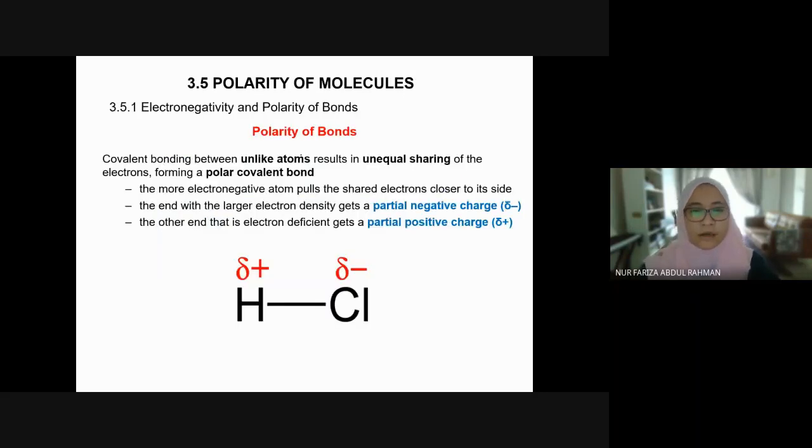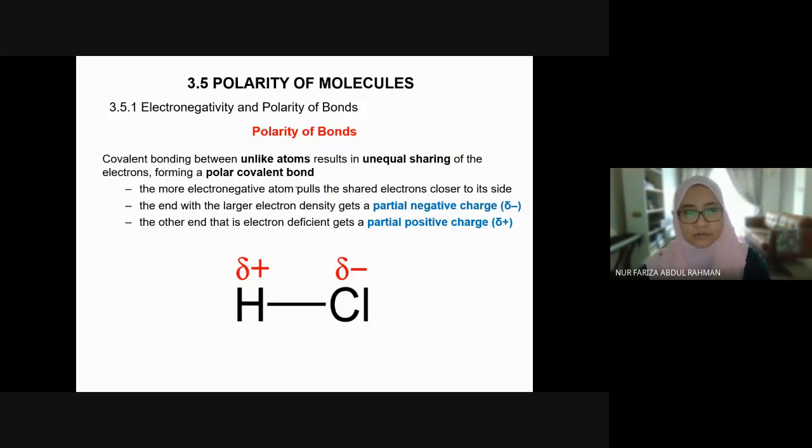Polarity of bond. So what is the polarity of bond? Covalent bonding between unlike atoms results in unequal sharing of the electrons, forming a polar covalent bond. Remember electronegativity. As I said just now, we will be based on the electronegativity.